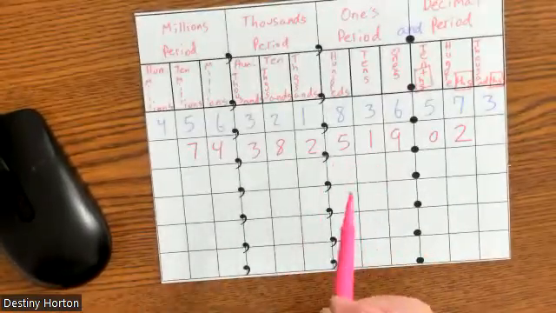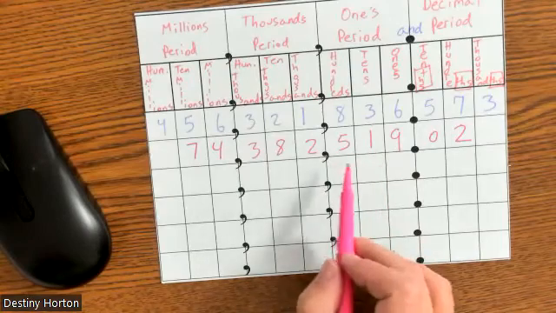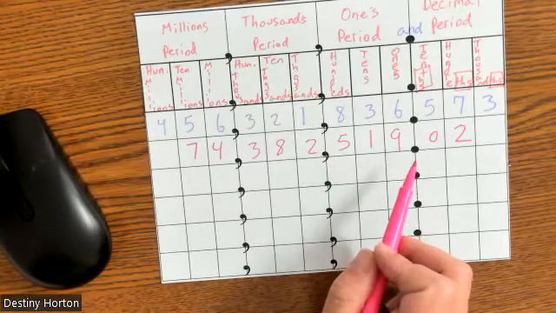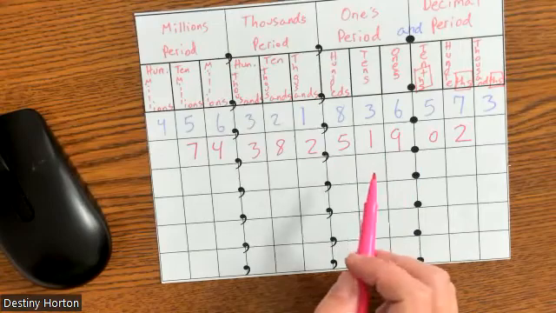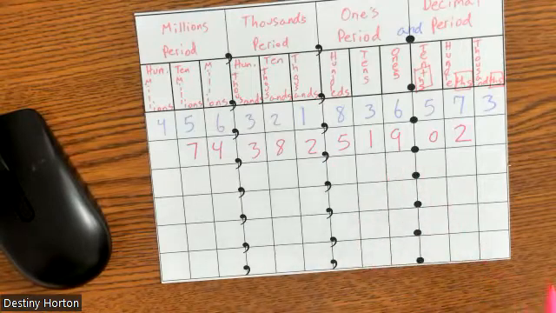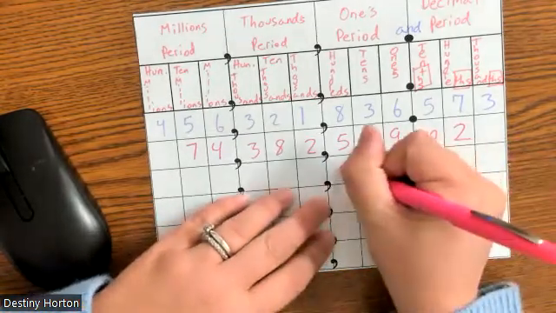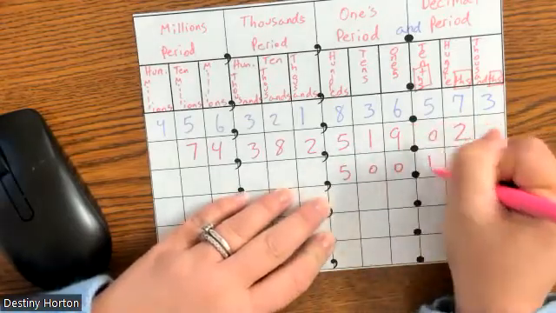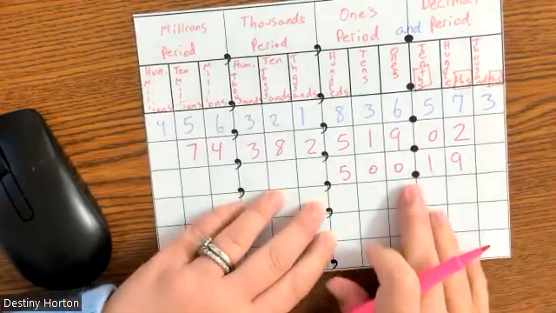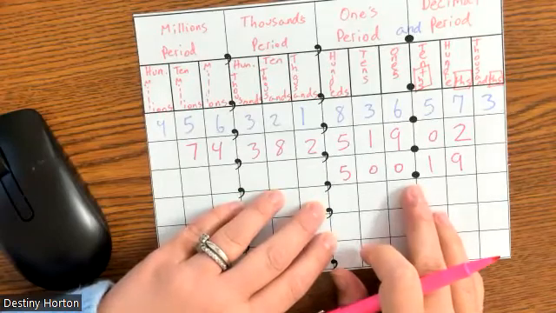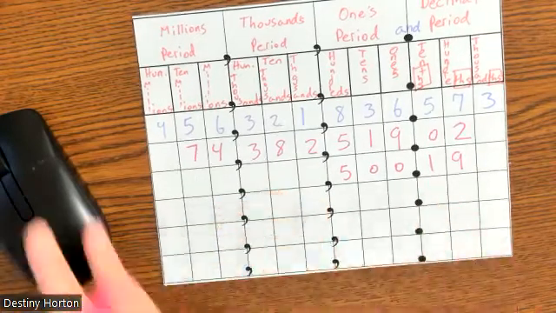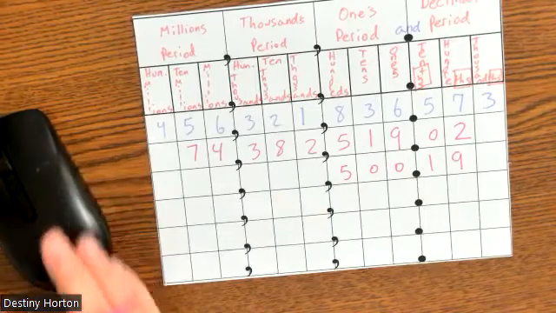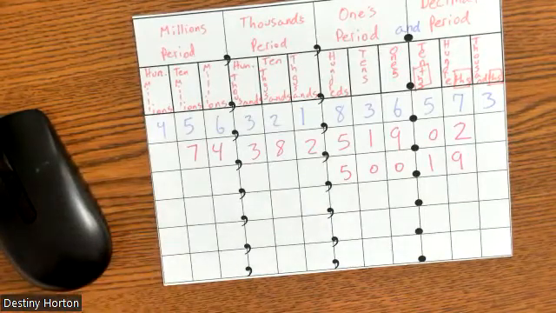It's really important that we do not say 519 because that's not true. 519 actually looks like this, okay? Because of where that and is. We only say and when we have a decimal. So please, please, please keep that in mind.